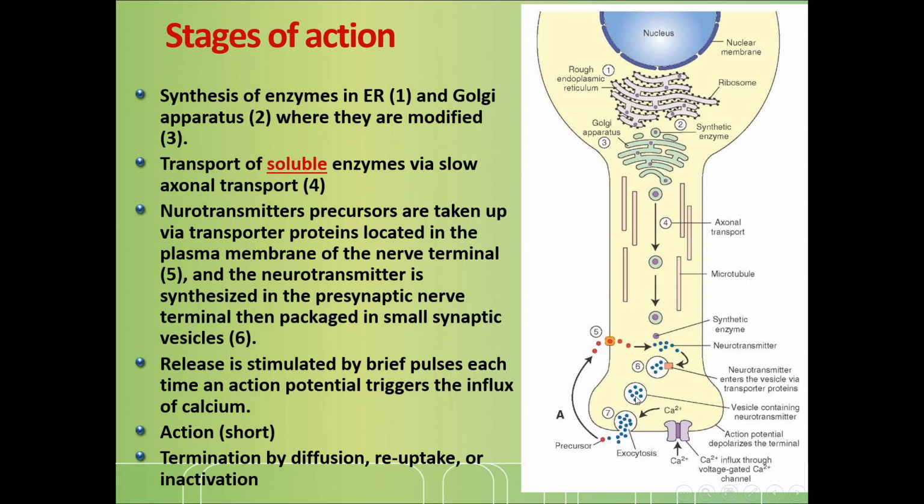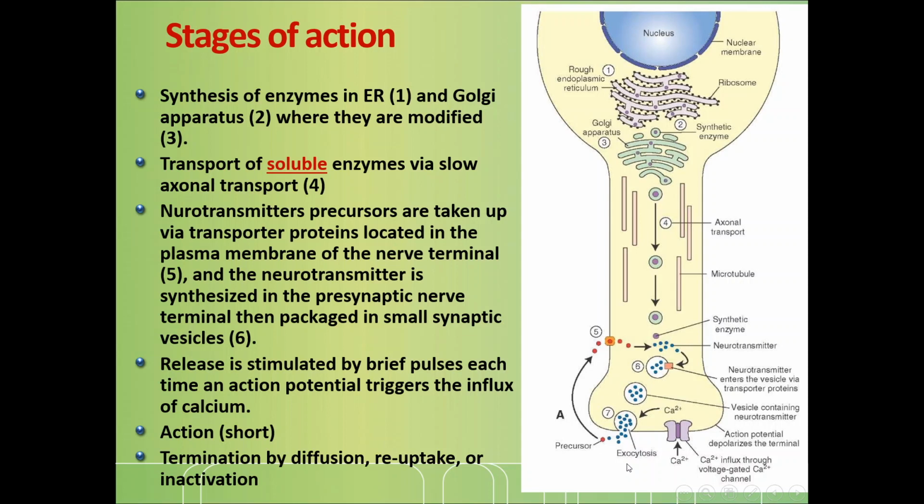And once they're sitting inside these vesicles, the vesicles wait for a signal, which is influx of calcium ions, and that promotes fusion of these small synaptic vesicles with the plasma membrane, and the neurotransmitter is released.